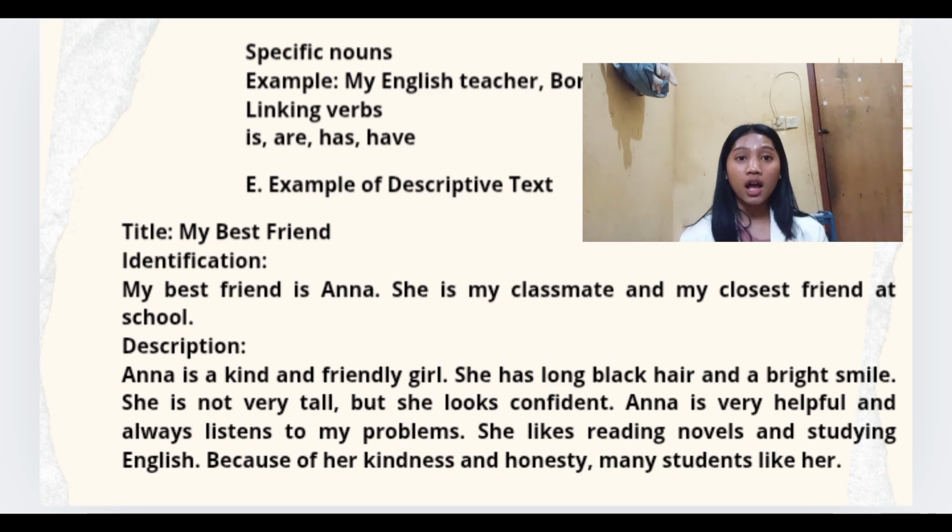She's not very tall, but she looks confident. Anna is very helpful and always listens to my problems. She likes reading novels and studying English. Because of her kindness and honesty, many students like her. These examples show how identification introduces the person, while description explains physical appearance and personality using adjectives and simple present tense.